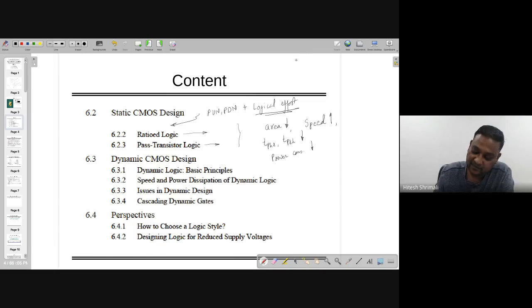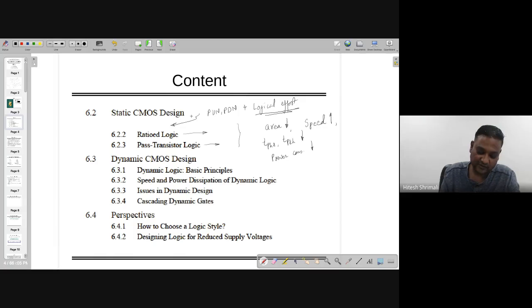But notably, the power consumption is nothing but CL times VDD square if it is a dynamic one, and if it is a static one, it's equal to CL times VDD times delta F, right? That we already studied from the CMOS inverter. So all these things we also studied.